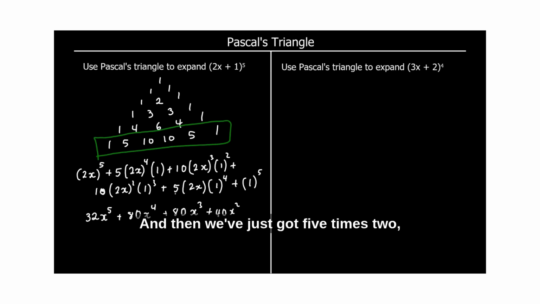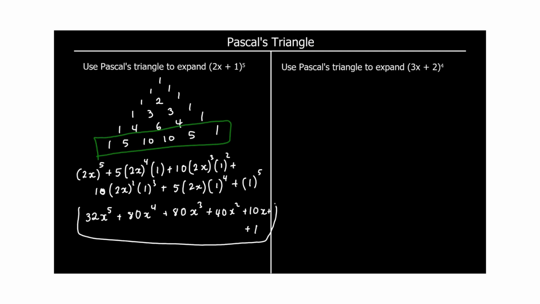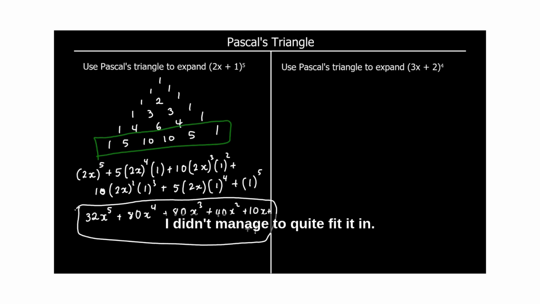And then we've just got 5 times 2, which is 10, so 10x, and then plus 1. I didn't manage to quite fit it in, but we've got 32x to the power of 5 plus 80x to the power of 4 plus 80x cubed plus 40x squared plus 10x plus 1.